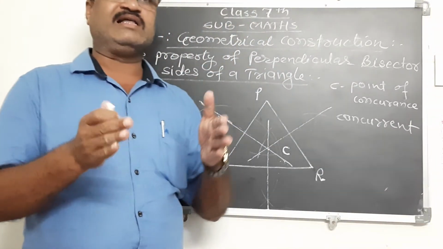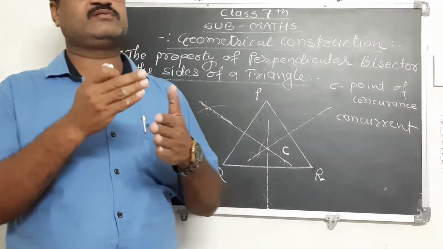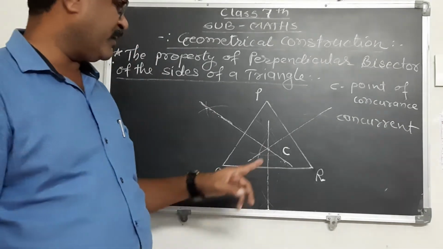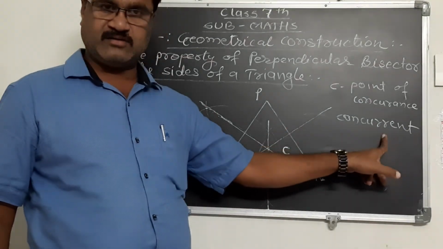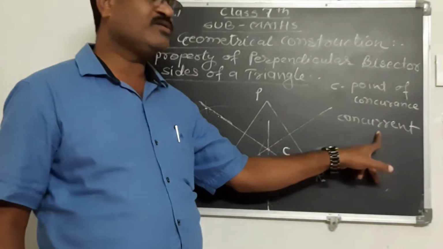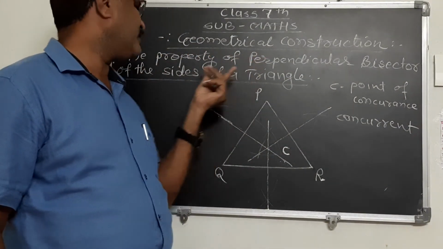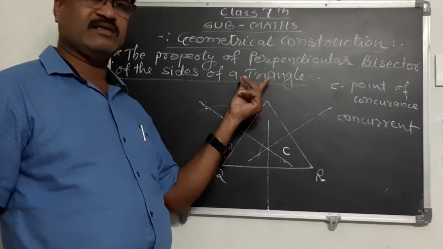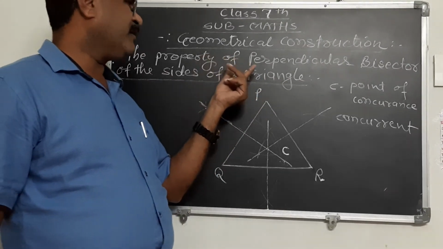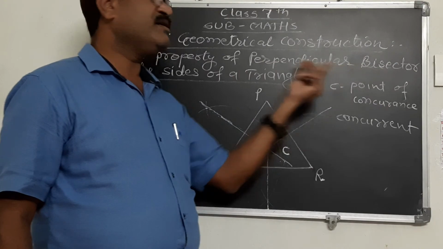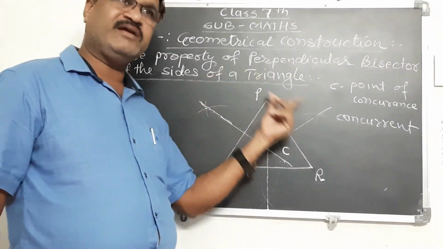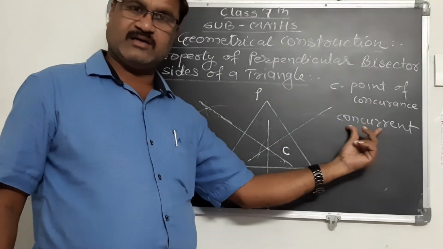Three or more lines that come together at a single point are called concurrent. So the property is that the perpendicular bisectors of the sides of any triangle are concurrent.